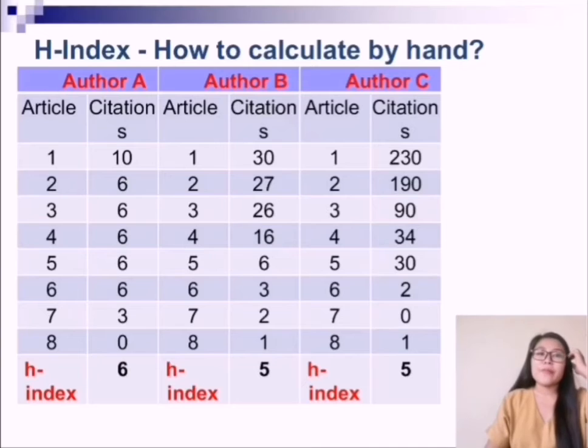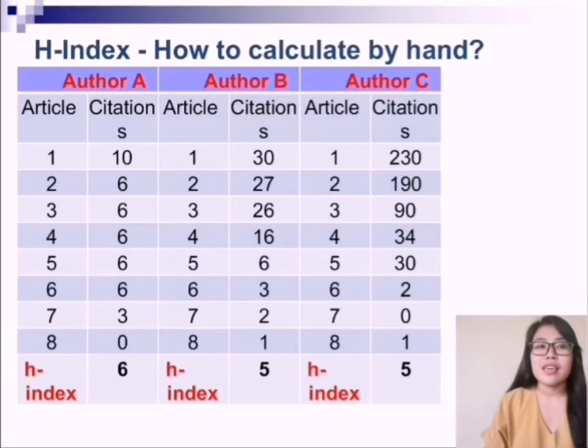Now, what about author C? Author C also has 8 articles published. Now, this is quite higher. Let us see. Paper 1 has 230 citations. Paper 2 is 190. Paper 3 is 90. Paper 4, 34, paper 5, 30.